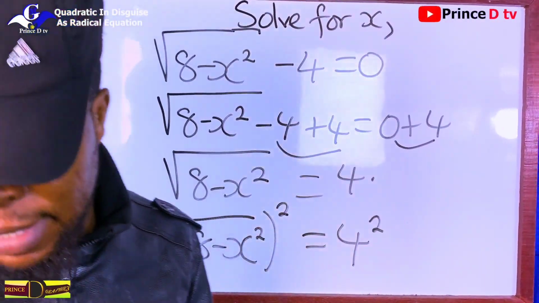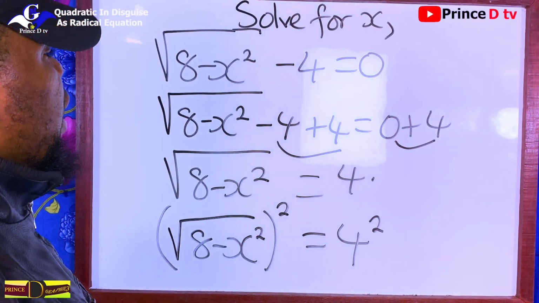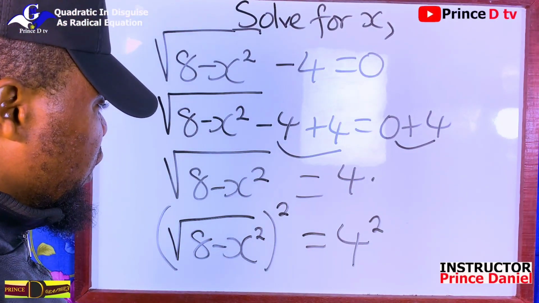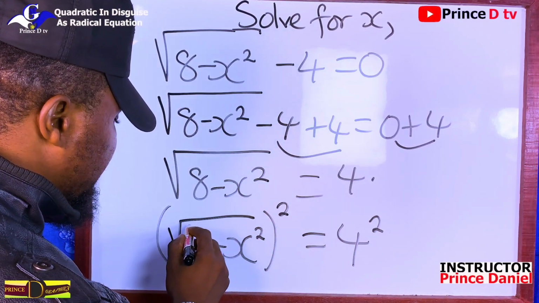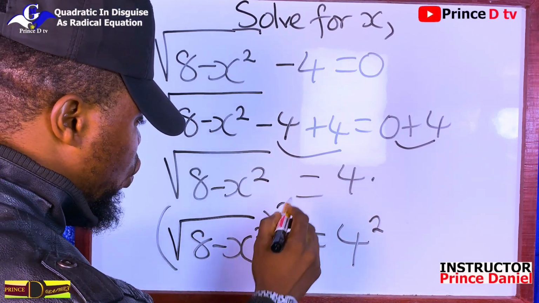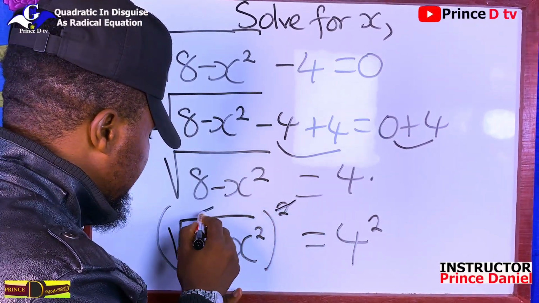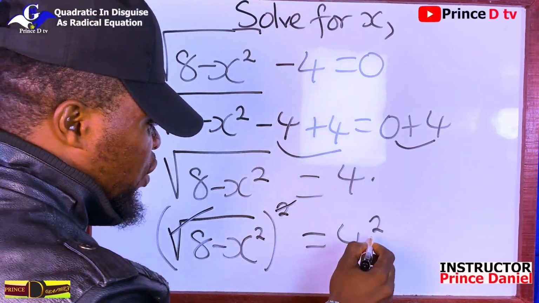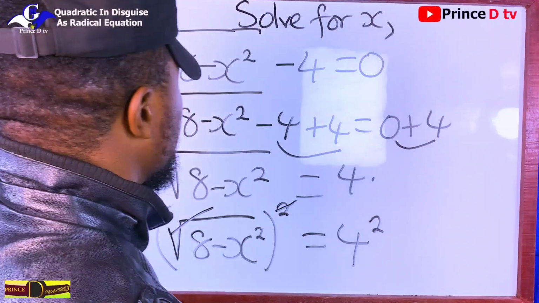So we are taking care of the square root sign, and of course from here you notice that the square root sign will be taken care of with this square, so they cancel out. And of course 4 to the power 2 is 16.